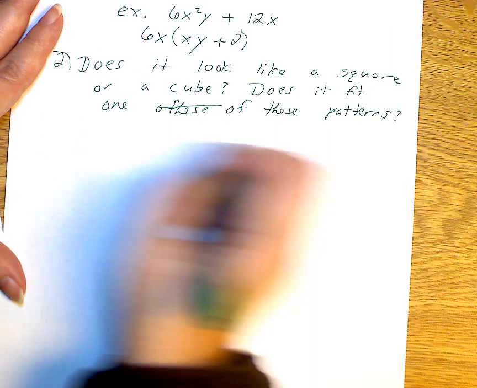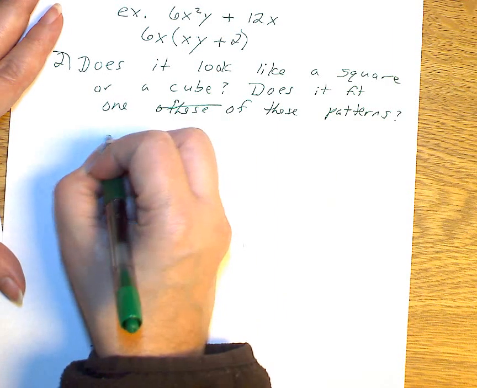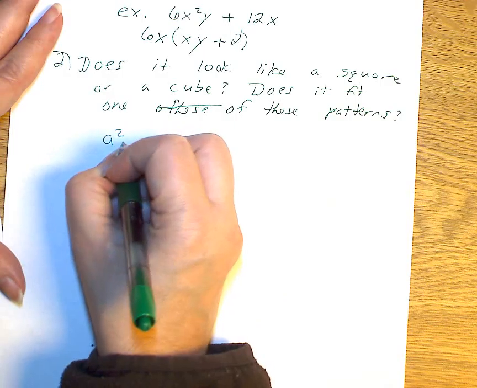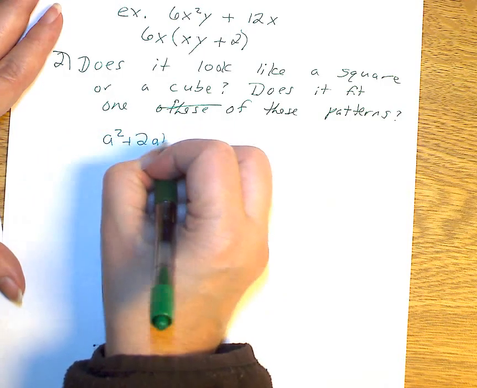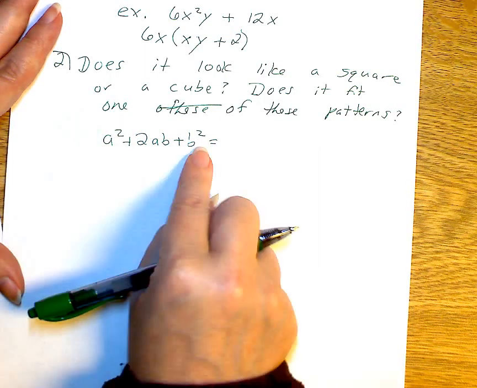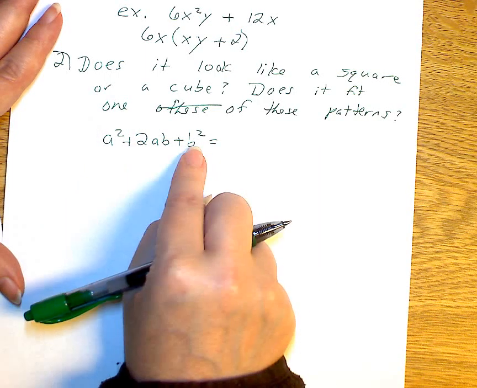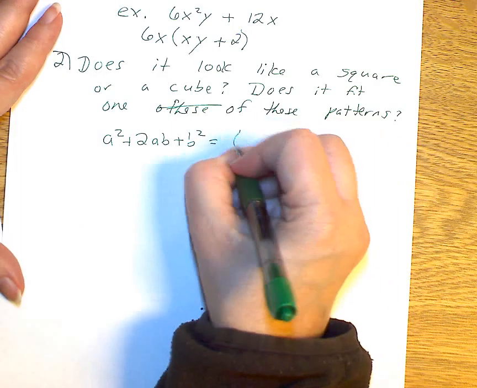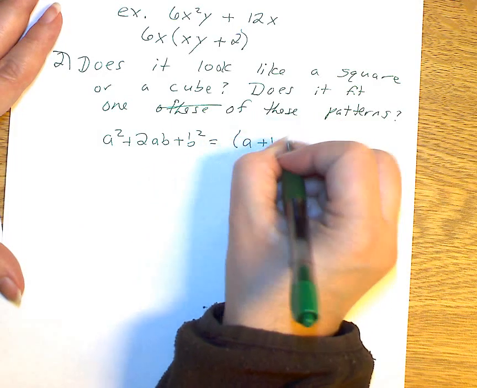So the first pattern is a squared plus 2ab plus b squared. If this is your trinomial, that equals a plus b squared.